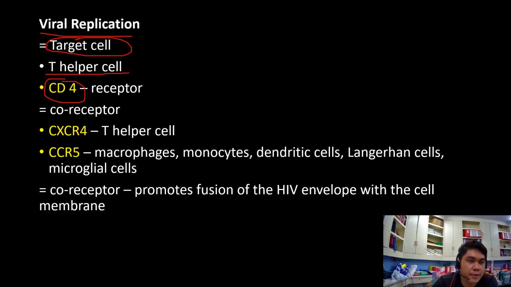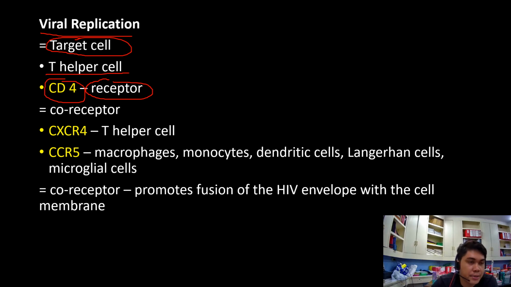The receptor of HIV is CD4. The usual target cell is the T helper cell because it contains CD4. So that's the target cell and receptor of HIV.